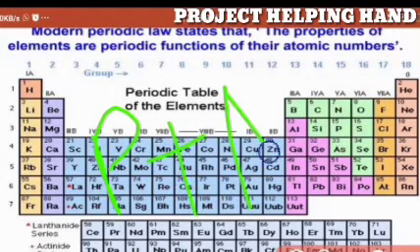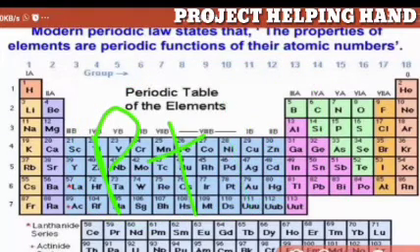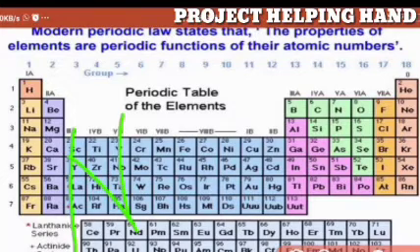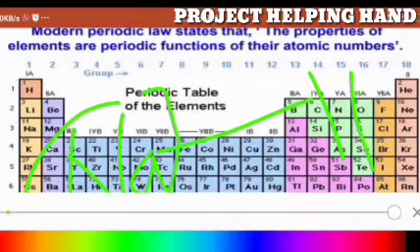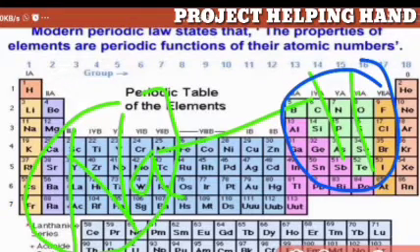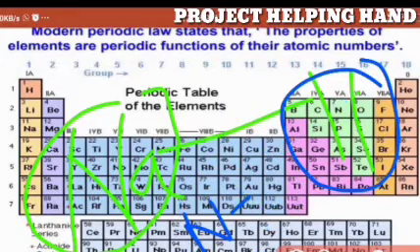For example, sodium: the atomic number of sodium is 11, which means the number of protons in sodium is 11. That's how simple it is.